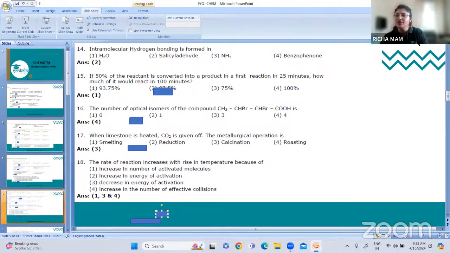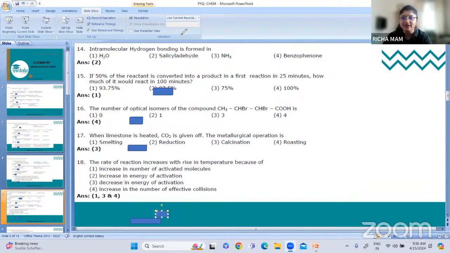So when you see this, what will happen to the rate of reaction with increase in temperature? The rate of reaction increases with rise in temperature because of.